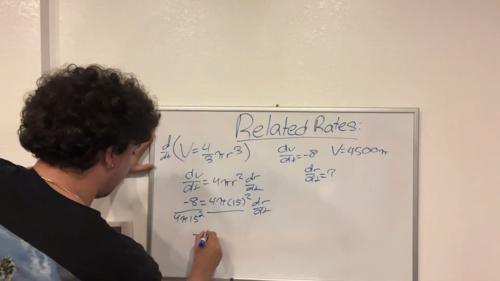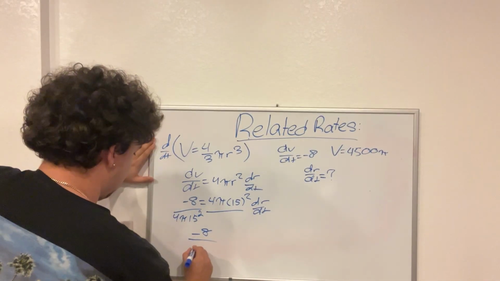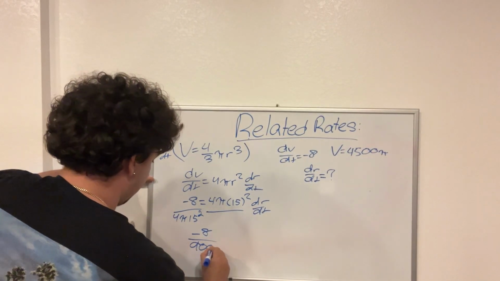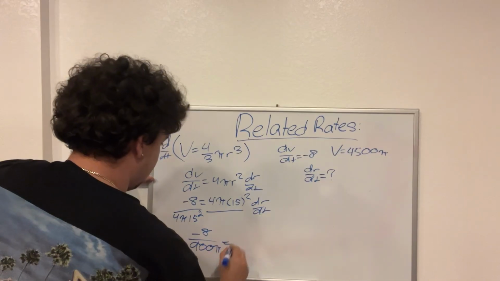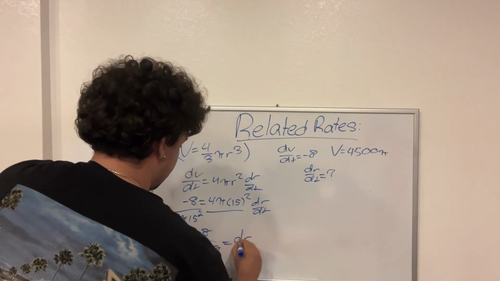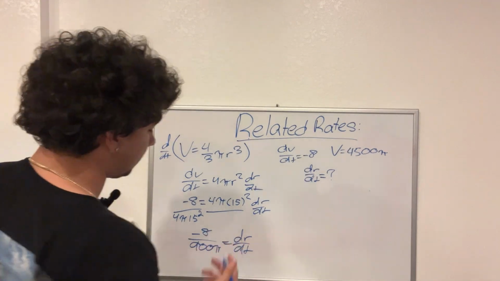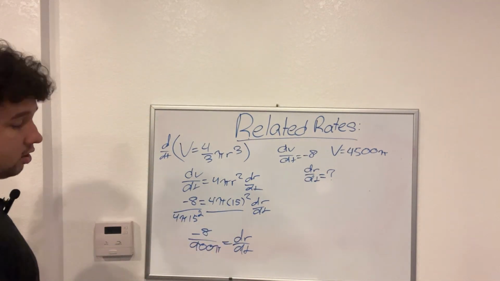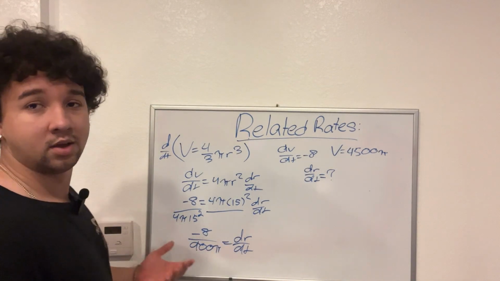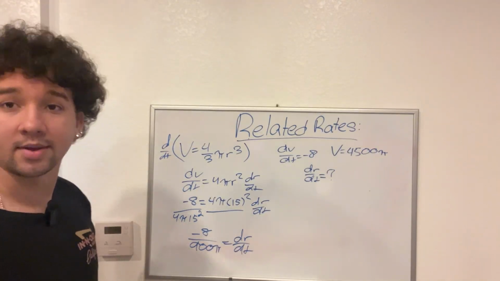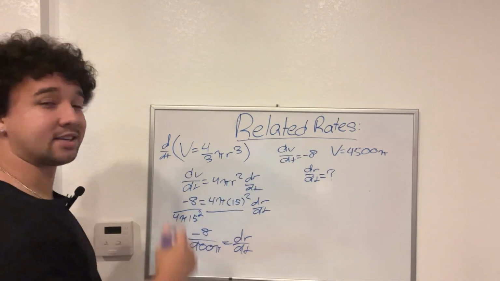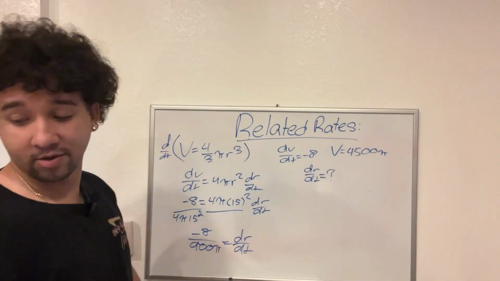That gives me -8 over 900 pi is equal to dr/dt. So the radius is decreasing at a rate of -8 over 900 pi units, I think it was per second, something like that. Essentially, that's how you do it. Let's keep it moving.